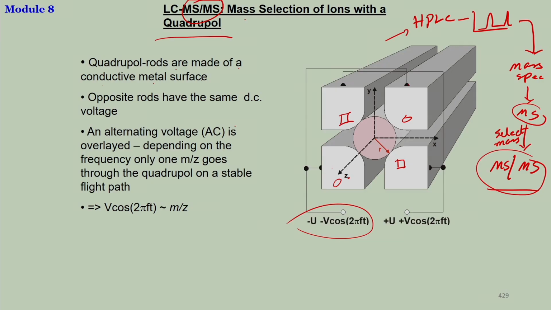Now you apply an AC current, alternating current, overlaid on it. Depending on the frequency, only one M by Z can be selected to go through the quadrupole on a stable flight path. This is the flight path, V cos 2 pi ft, which is almost proportional to the M by Z value.